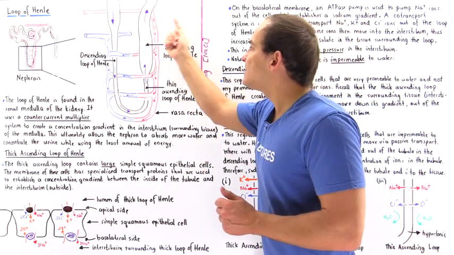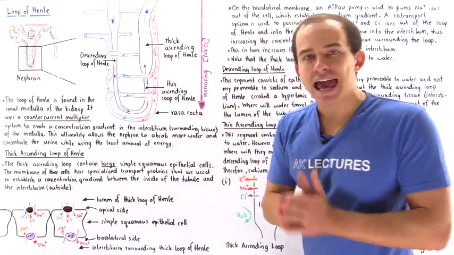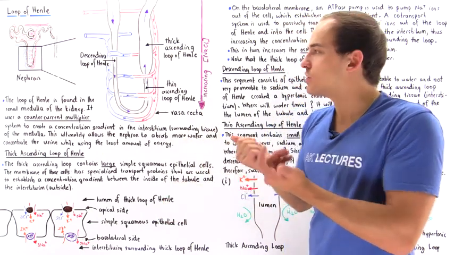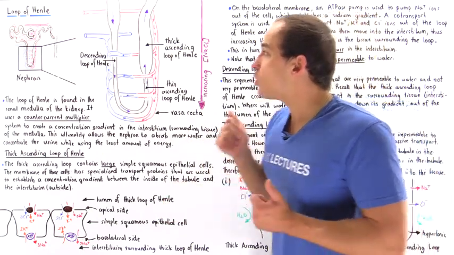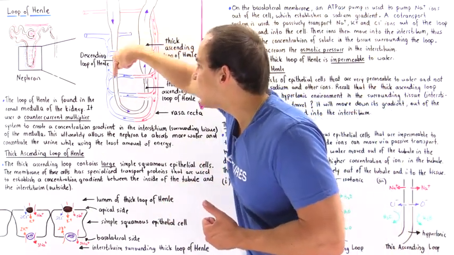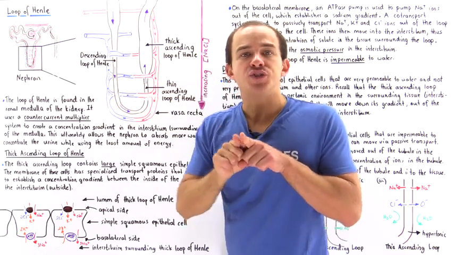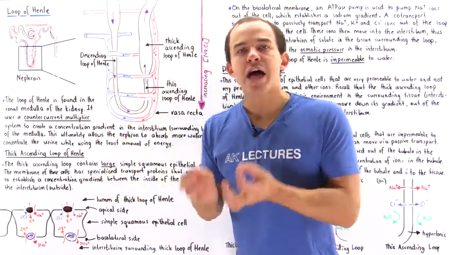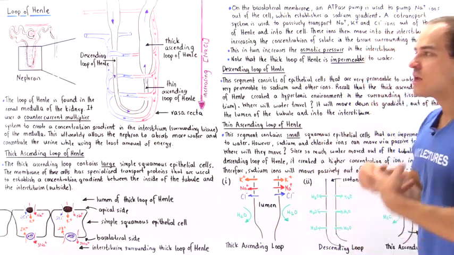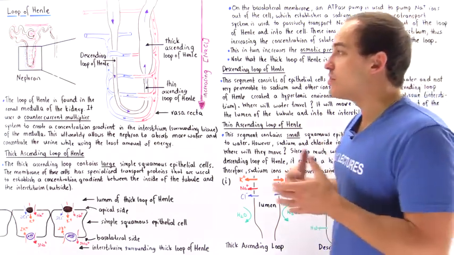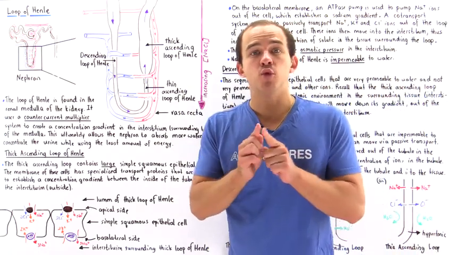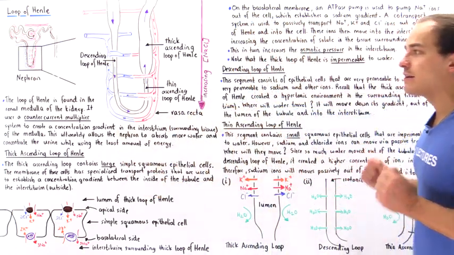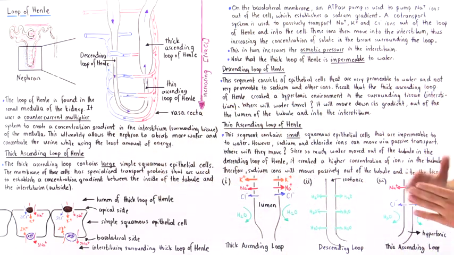So the thick ascending loop of Henle uses energy to establish an electrochemical gradient so that the water inside the descending loop of Henle flows out of the tubule without actually using any ATP molecules, and that only happens when the water moves down its gradient from a low solute concentration to a high solute concentration.